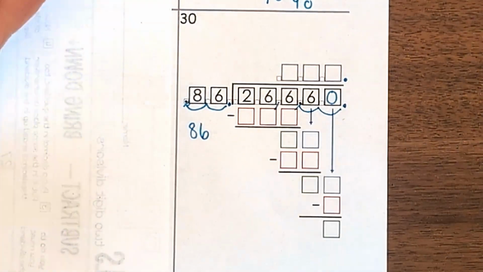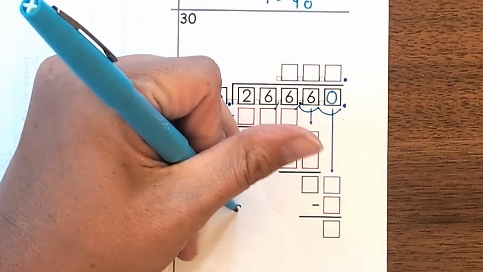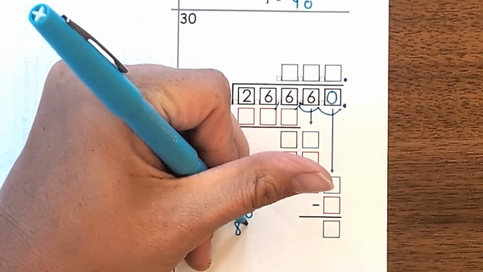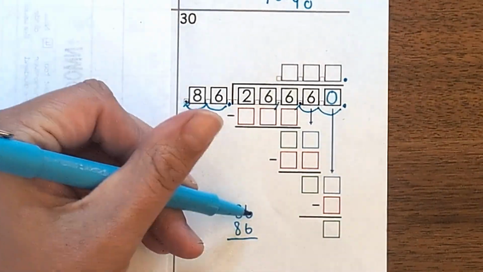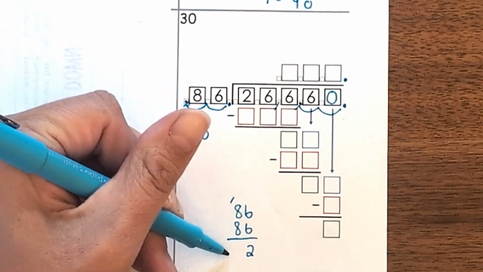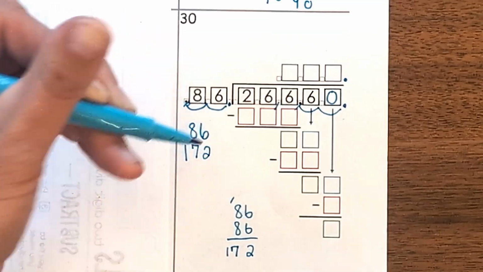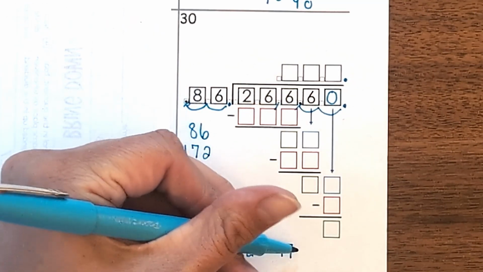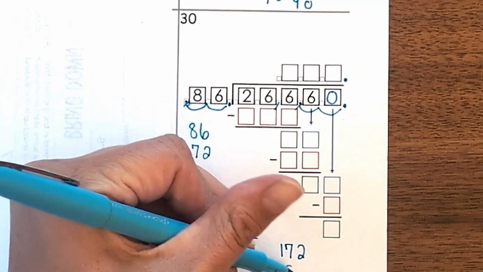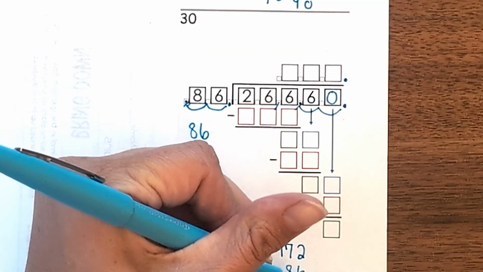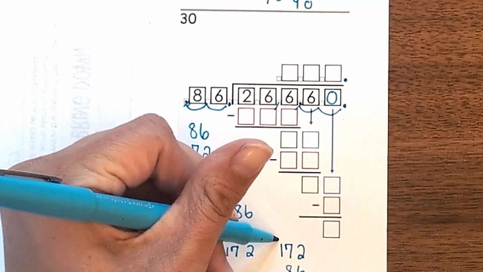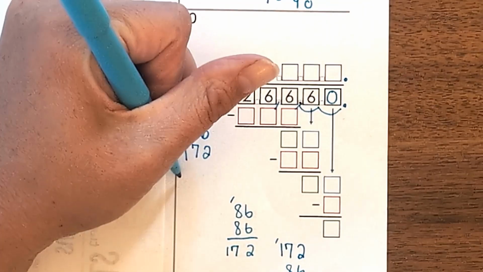So 1 times 86, okay. What about 2 times 86? So 2 of those would be 172. Okay, so that's 2 of them. Let's do a third 86. So 86 times 3 is 258.